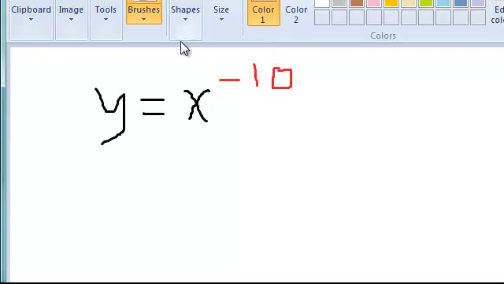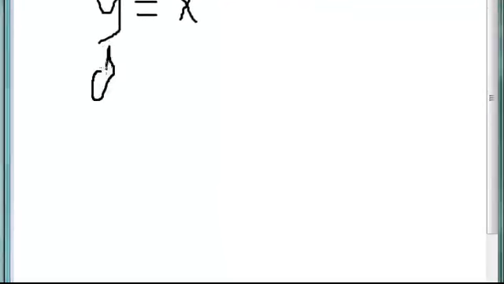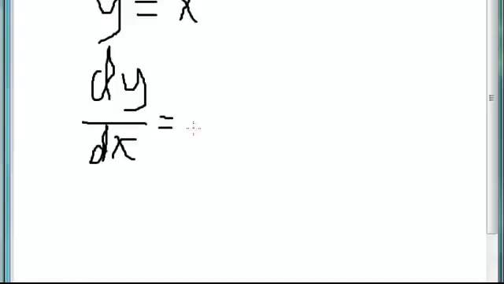And it doesn't matter that it's a negative exponent, it's the same exact rule that works. So let's do that. Dy dx, we'll use Leibniz notation this time, equals, and this exponent here is going to come down and become the coefficient. So negative 10 x to the negative 10 minus 1.